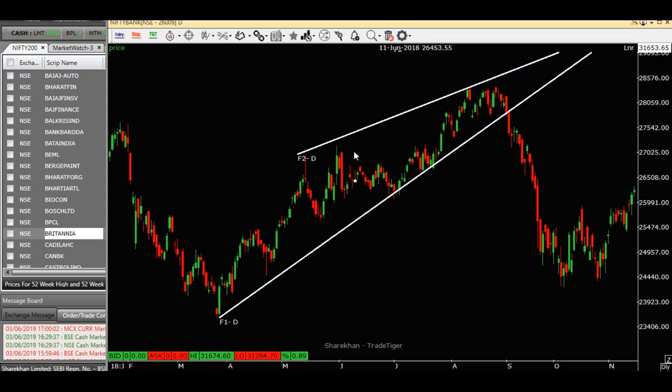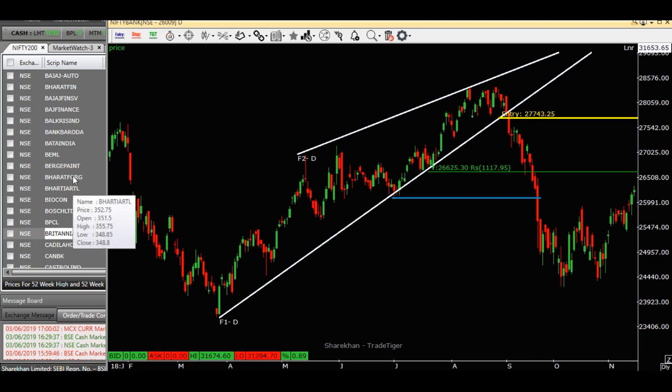When you get that, and you see the pattern looking like a wedge, then we will take our entry on the breakout, with the first swing low as my first target and the second swing low as my final target. And eventually in this case our target is achieved. So this was a rising wedge.